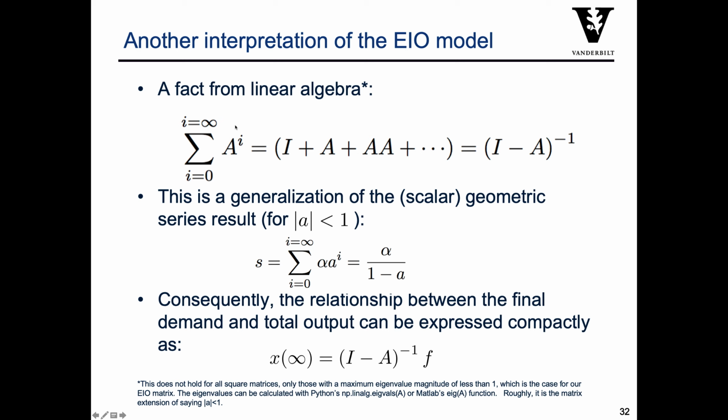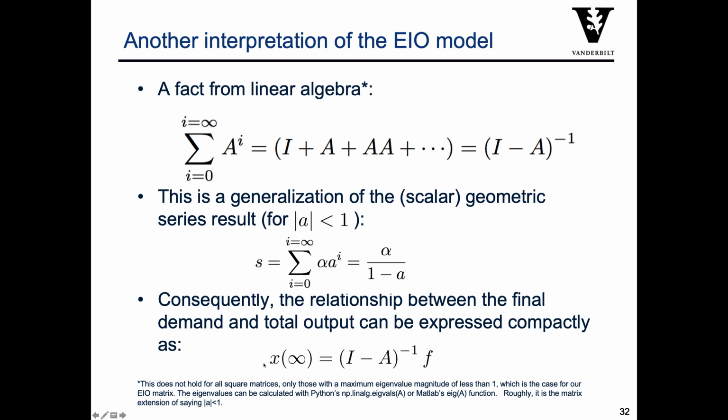If not, you don't need to worry too much about it. The magnitude of the eigenvalues being less than 1 is no different than the requirement for convergence of the geometric series, that the value a needs to have magnitude less than 1 in order for convergence to occur here.